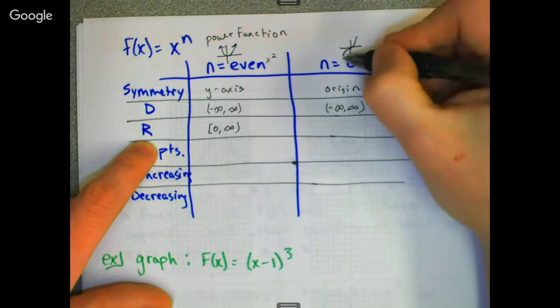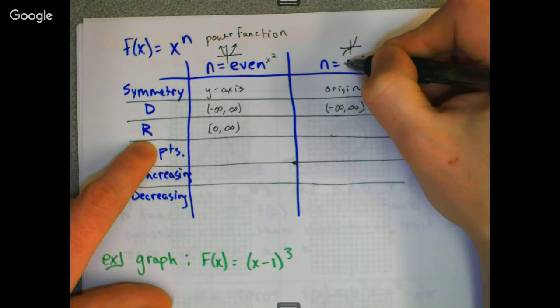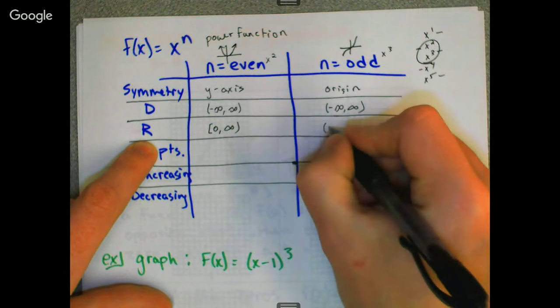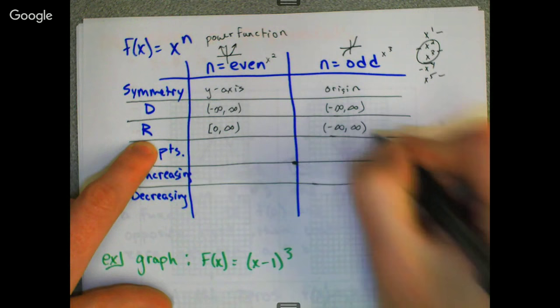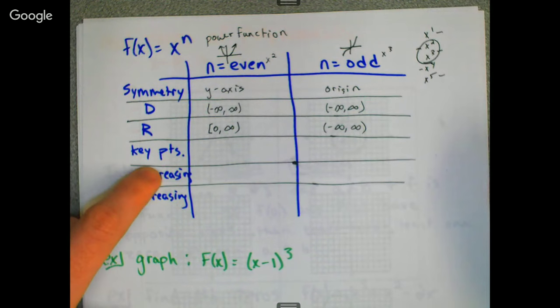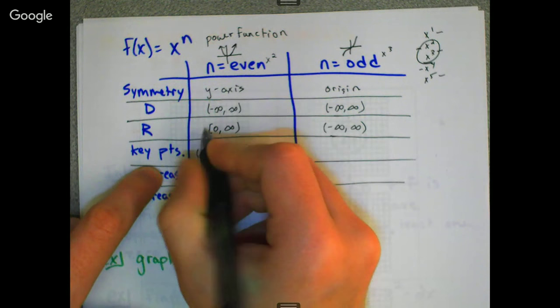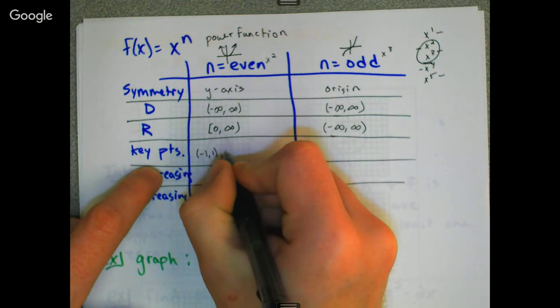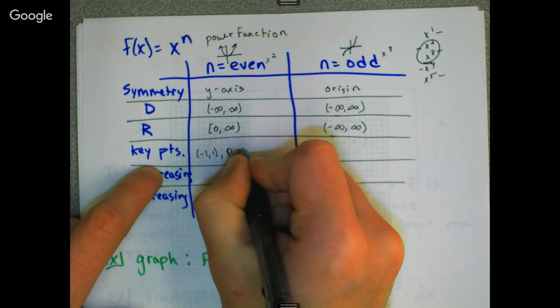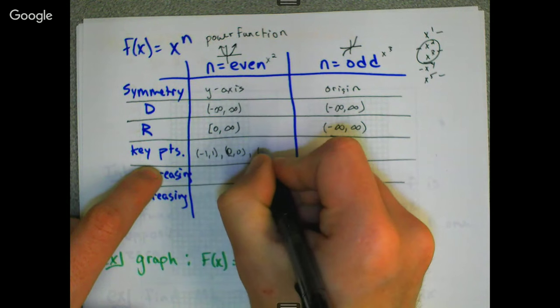But for this odd function here, just this cubic parent function, it is everything, all reals again. Now, some key points on this graph. For an even parent function, key points would be (-1, 1), (0, 0), and (1, 1).